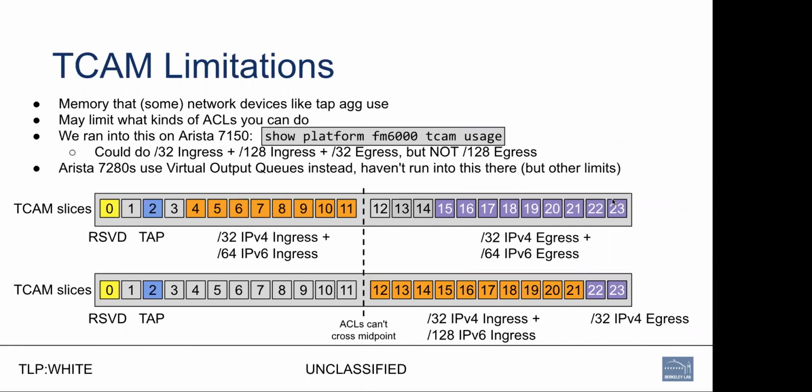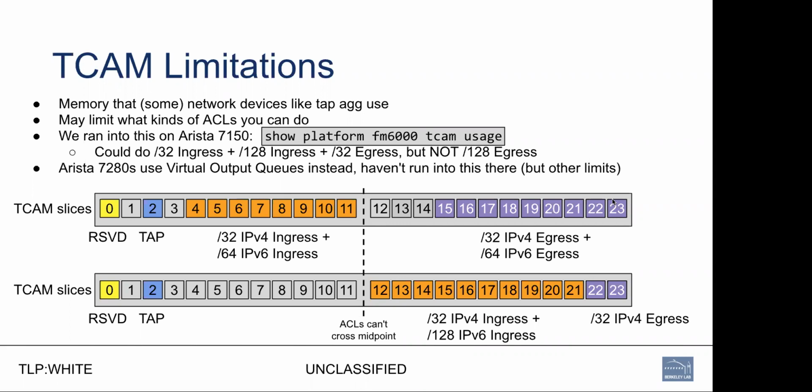So we wanted to do IPv4 ingress and IPv4 egress and IPv6 ingress and IPv6 egress. Ingress being the ACL gets applied to traffic as it enters the switch, and egress being the ACL is applied to the traffic right before it leaves the switch. And where you'd want to do this is if you want to send traffic to different tools. For example, you want to send DNS traffic to one tool and HTTP traffic to a different tool.